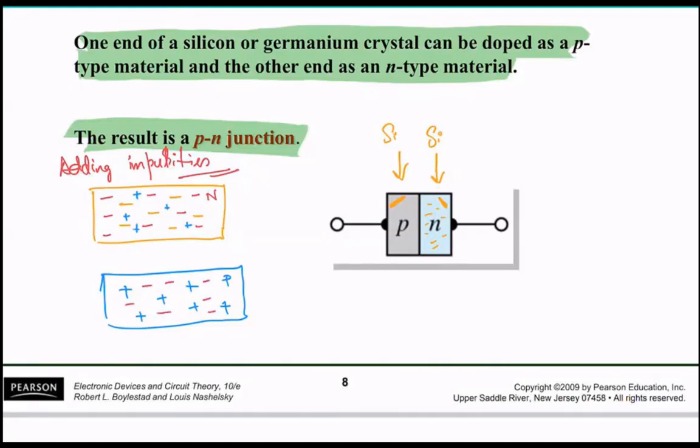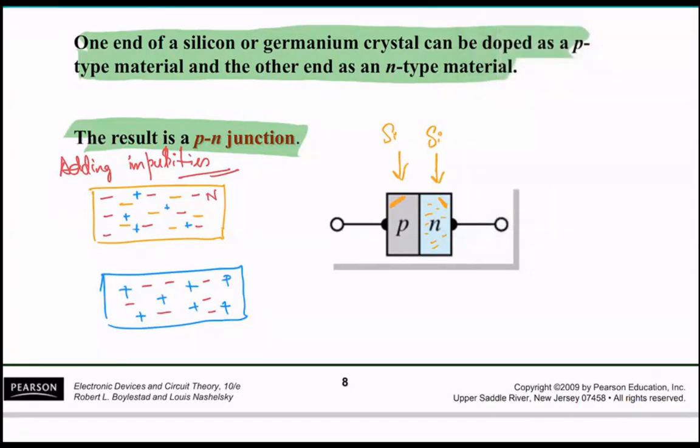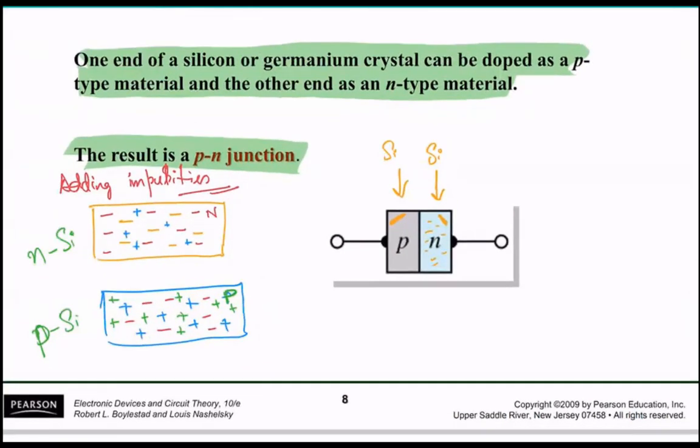Initially the number of electrons and number of holes are going to be the same, but when we add impurities, then the number of holes will increase. So plus, plus, plus, things like that. So I have essentially made this a P. This is P-type silicon, and this is N-type silicon. All right, so this is the basic construction.